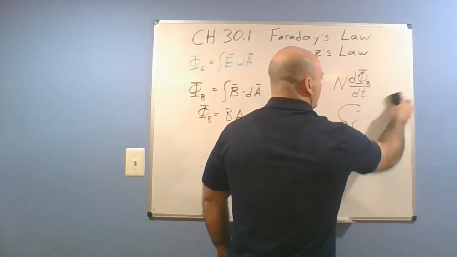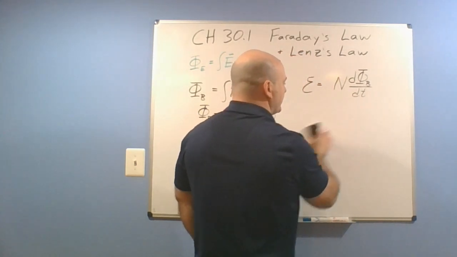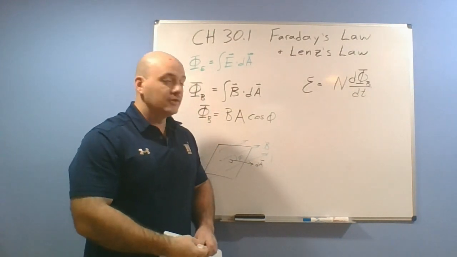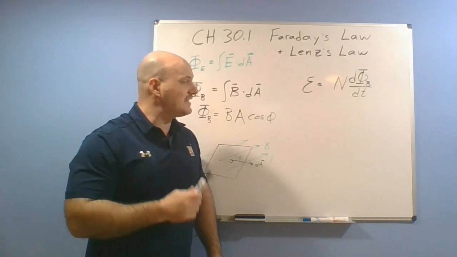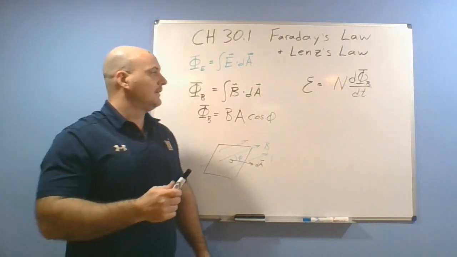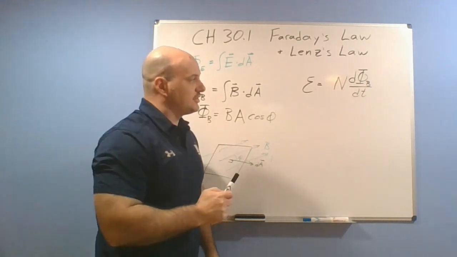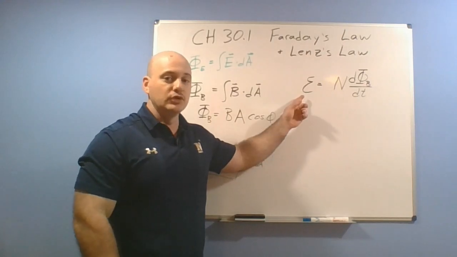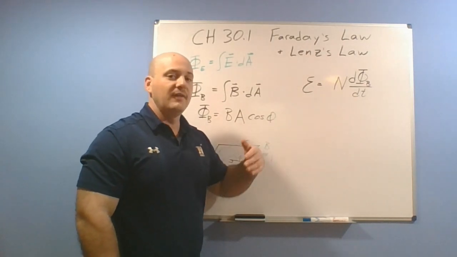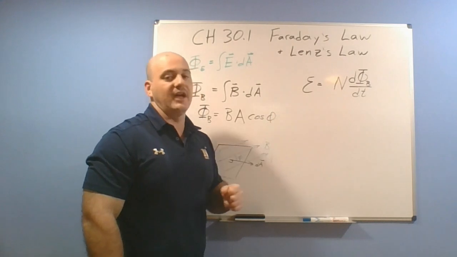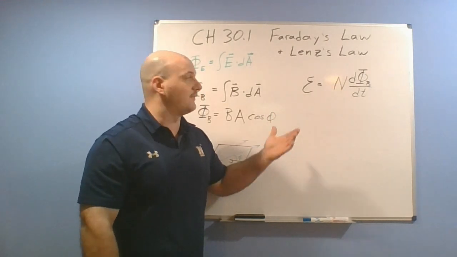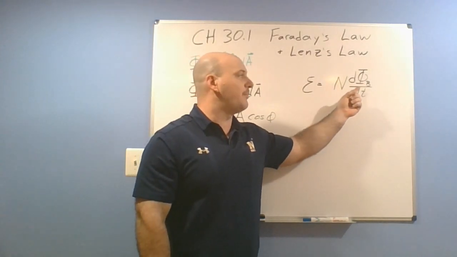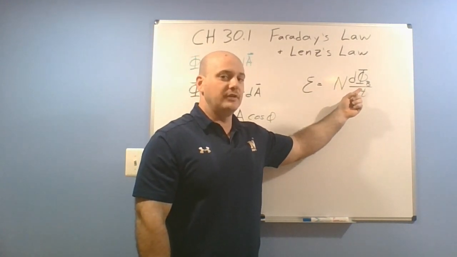Now, Lenz's law, or what we like to call Lenz's portion of Faraday's law, tells us the direction of the EMF. So Lenz found out that when there's a changing flux, the EMF is induced in such a way that the current associated with that EMF, and the induced magnetic field associated with that current, are going to be in such a direction that they oppose the change in flux.